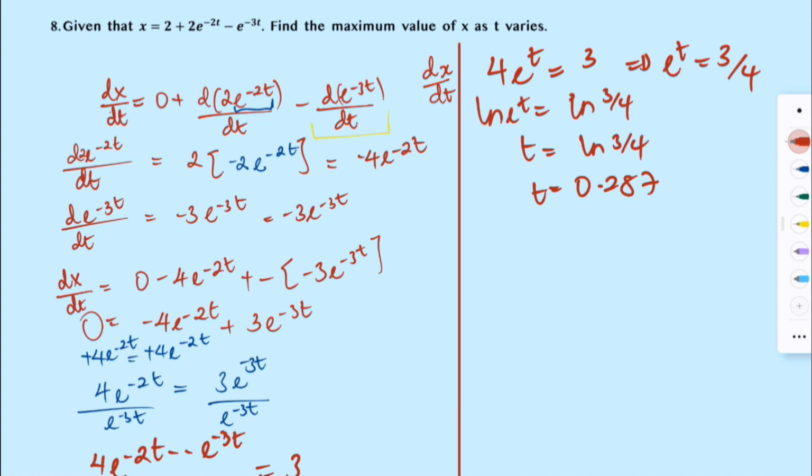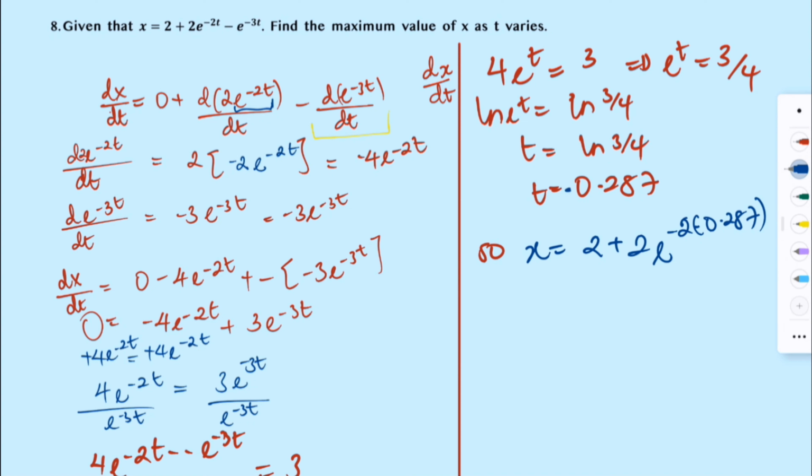So x would be 2 plus 2e to the power minus 2 times negative 0.287. This is a negative number.